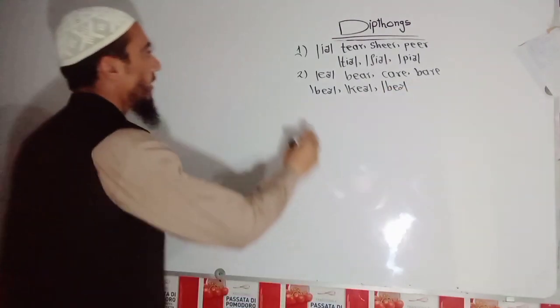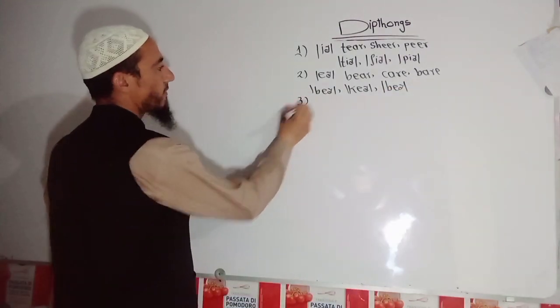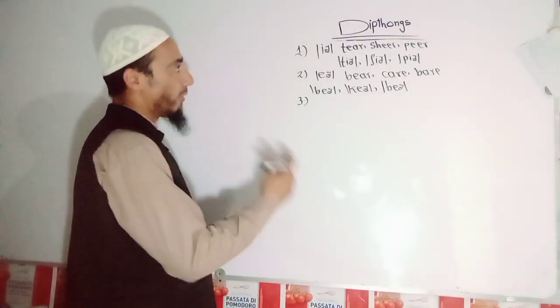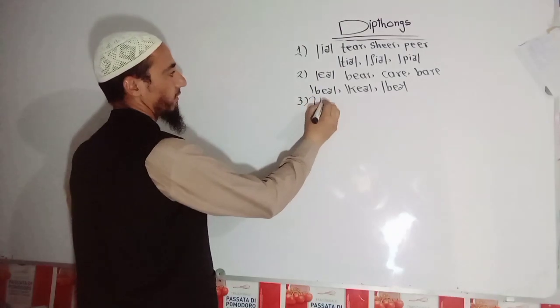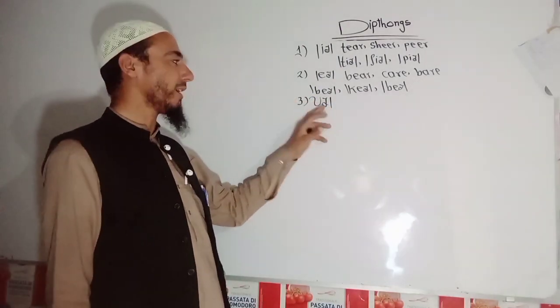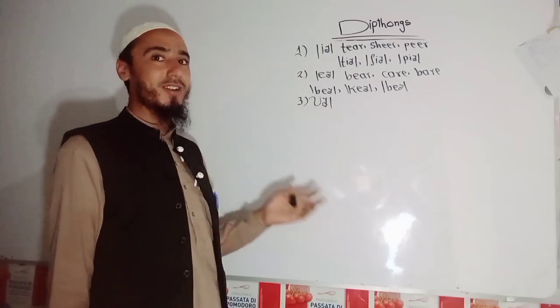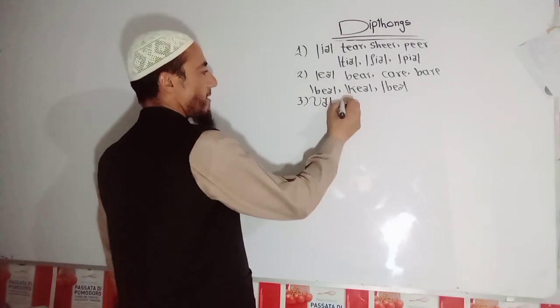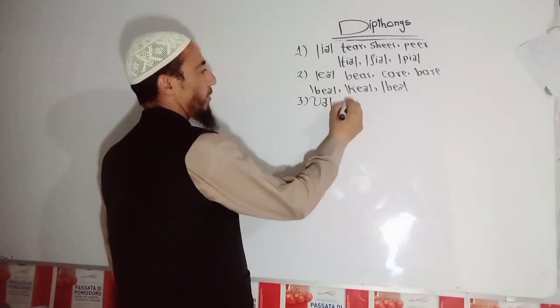Okay. The third one which we have is ua. That is the ua sound, the ua diphthong. The starting sound is the u sound and the ending sound is the schwa sound. So for example, poor.